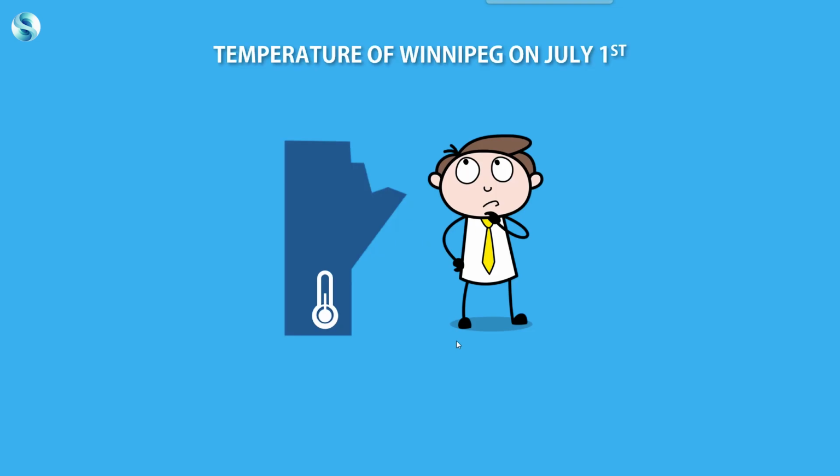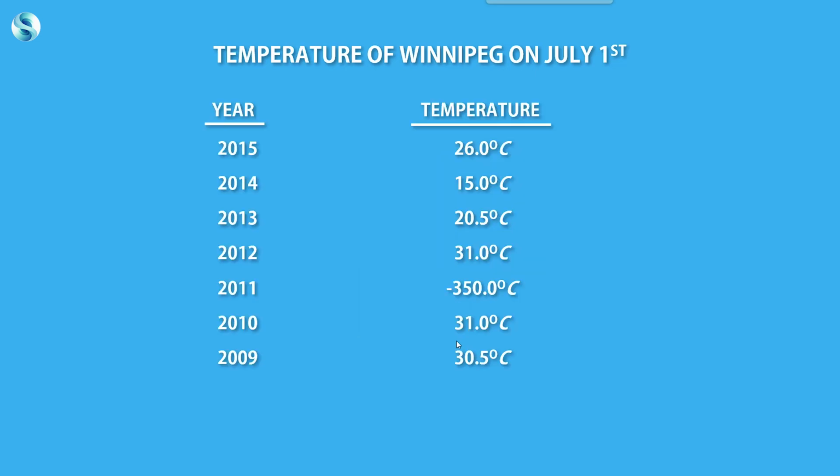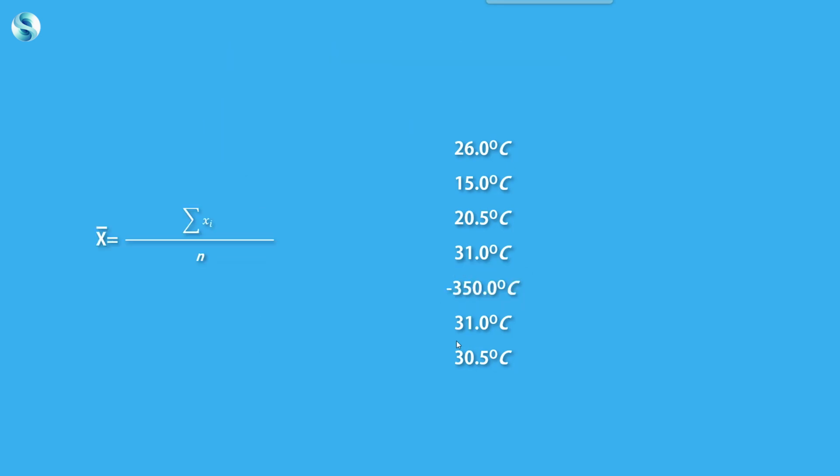Suppose a researcher decided to record the temperature of Winnipeg on July 1st for 7 years straight and got these results. We can clearly see that the negative 350 degrees Celsius is an outlier, because it is not a typical observation, especially during the summer. If we use this data to calculate the mean, we get negative 28 degrees Celsius.